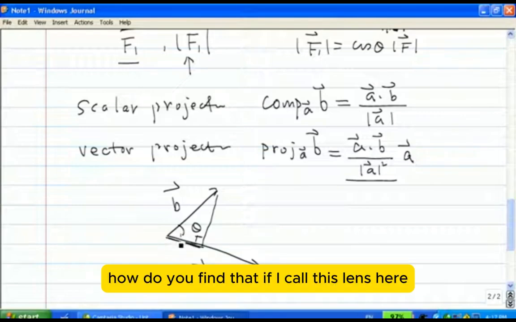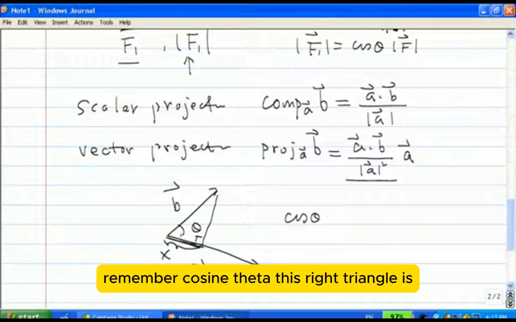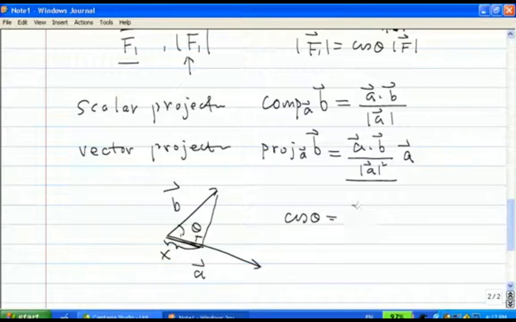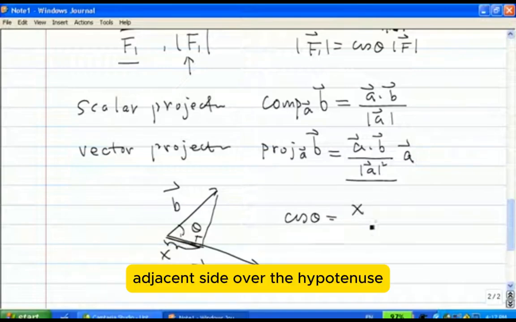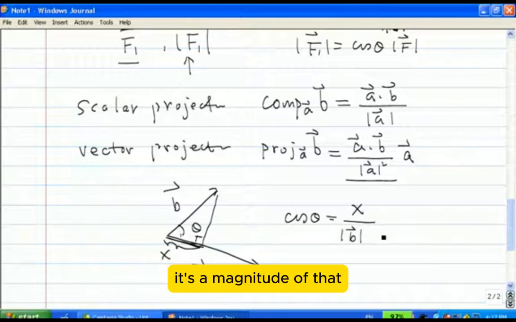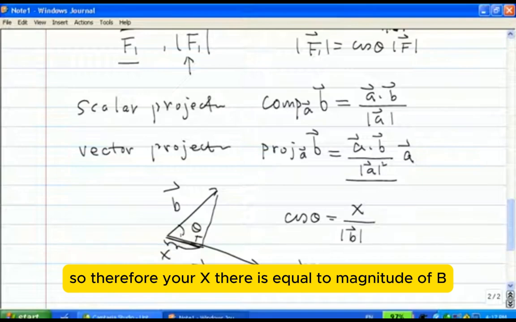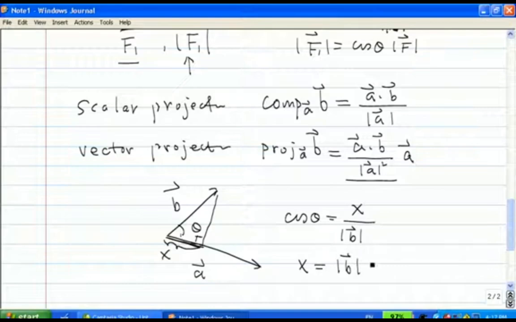If I call this length x, remember cosine theta, in this right triangle, is the adjacent side over the hypotenuse, which is the magnitude of b. It's not just b, it's the magnitude of that. Remember, b is a vector with 3 components. So therefore, your x is equal to the magnitude of b times cosine theta.